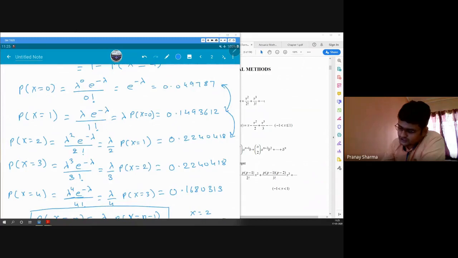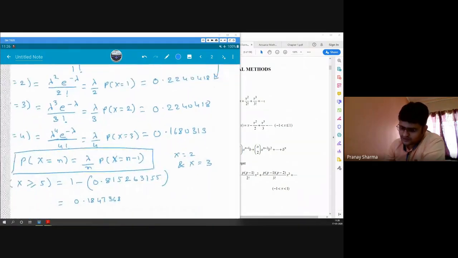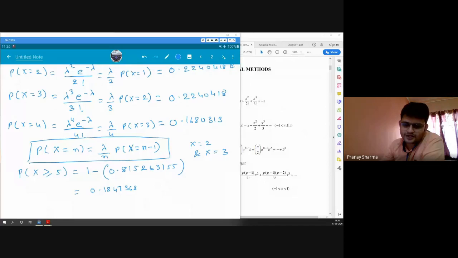We start finding our probabilities, and you will find a value after which probability starts decreasing. As soon as you find probability starting to decrease, you know that you have reached your mode. So this is a shared mode. This shared mode is possible only in discrete distribution, not in continuous. We'll see continuous distributions later.